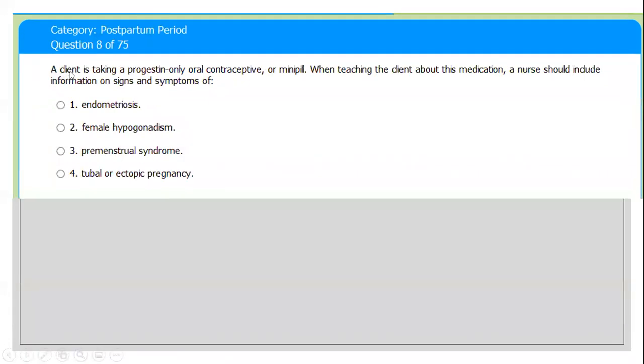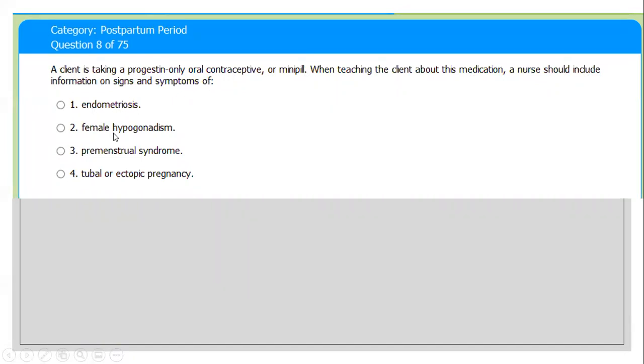Question: a client is taking progestin-only oral contraceptives, or we call mini pill. When teaching the client about this medication, a nurse should include information on sign and symptom for what?